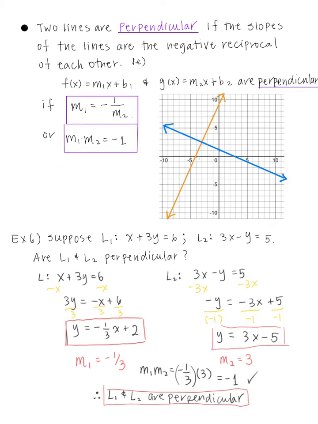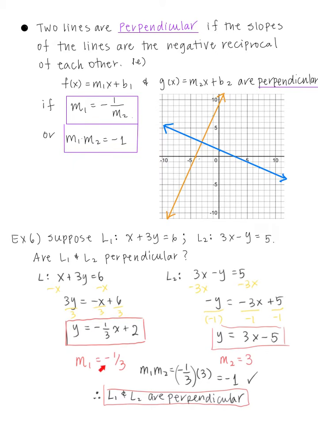Now, the definition says that two lines are perpendicular if their slopes are the negative reciprocal of each other, right? We just determined that these two lines are perpendicular. Here's our first slope, and our second slope. Let's take negative 1/3. What's the reciprocal? I didn't say negative.